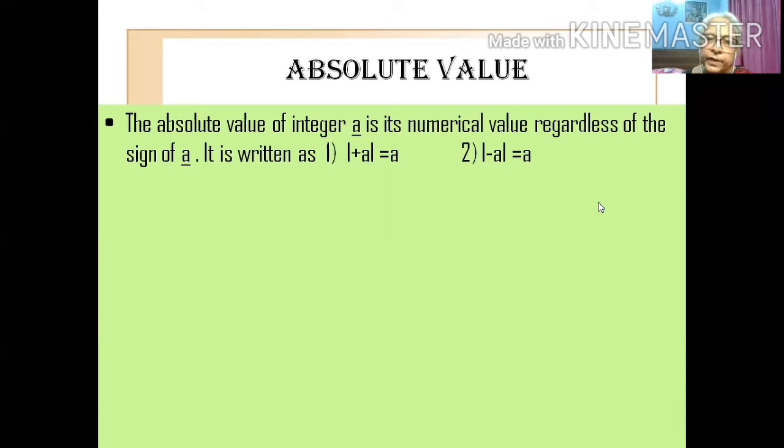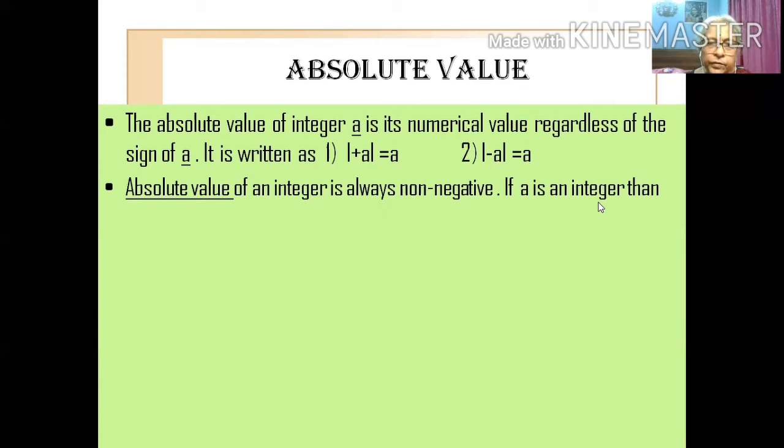That is, the absolute value of plus A is equal to A. The absolute value of minus A is also A. The absolute value of an integer is always non-negative.